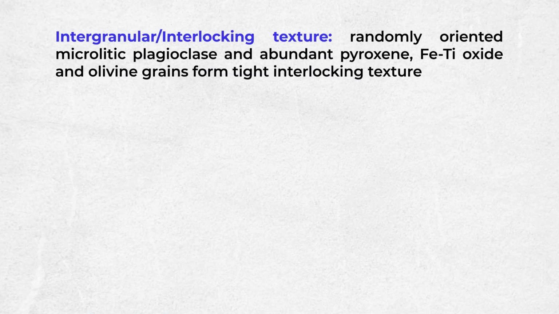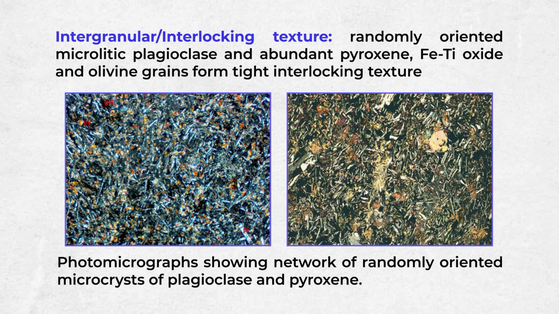The intergranular or interlocking texture is randomly oriented microlithic plagioclase and abundant pyroxene, FeTi oxide and olivine grains form interlocking texture. You can see in this photomicrograph, you have randomly oriented microlithic plagioclase.